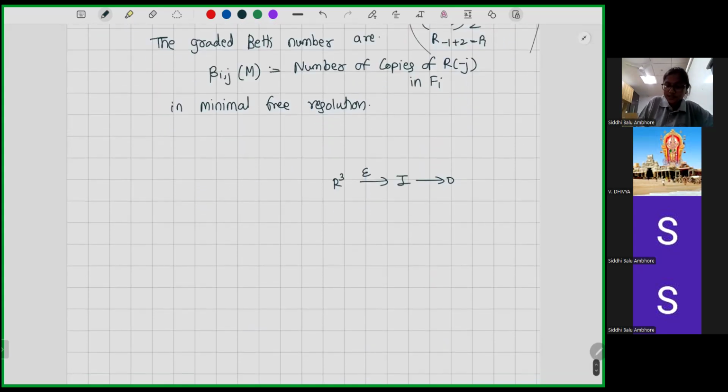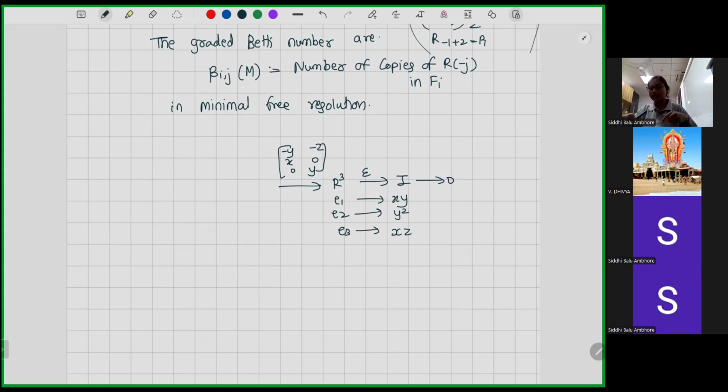If you remember, it was E1 going to xy, E2 going to y squared, E3 going to xz. This was the given condition, and these were the minimal presentation, or the CGGs which we had.